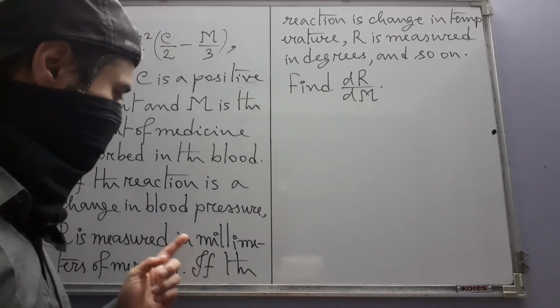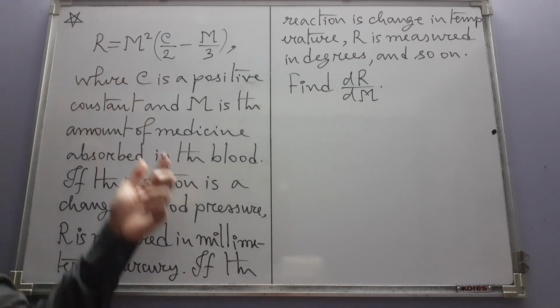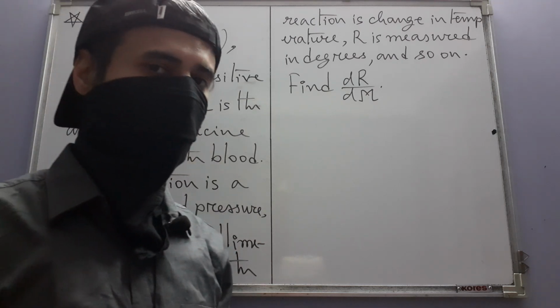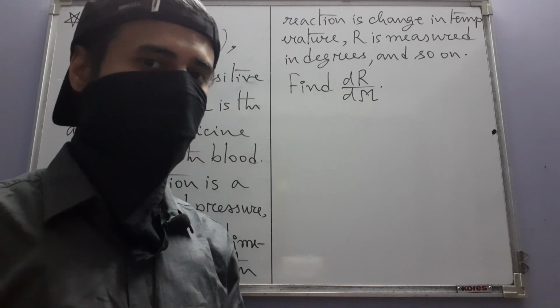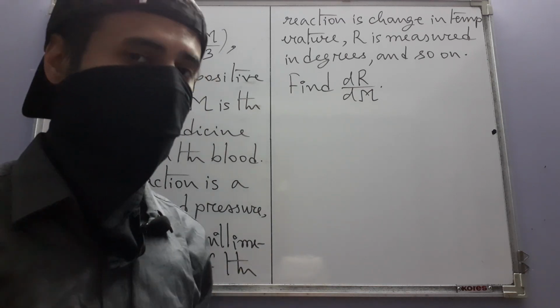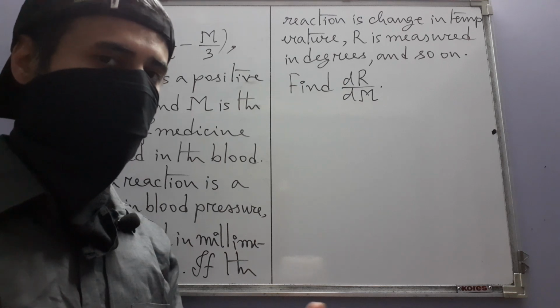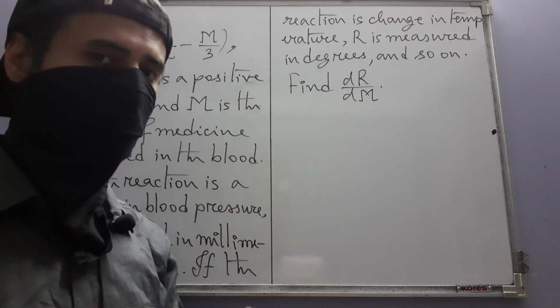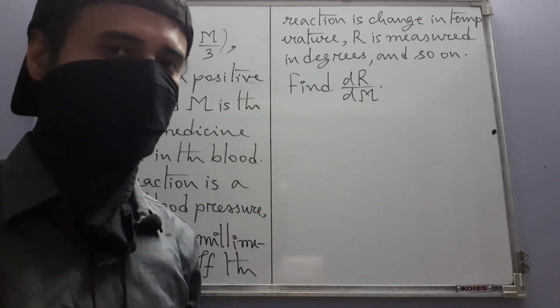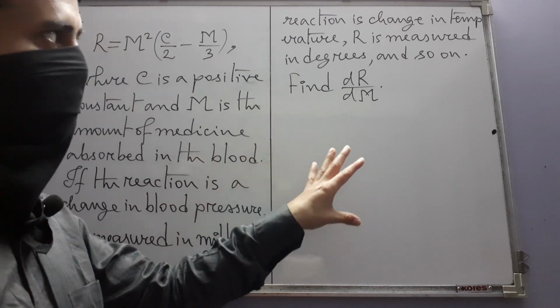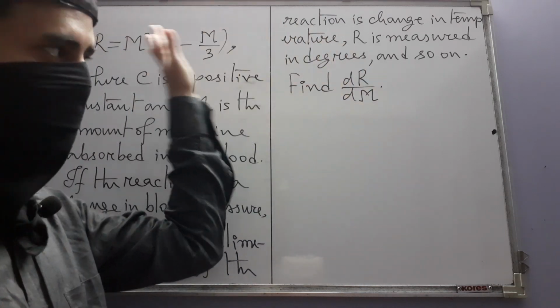Because otherwise, if this R goes beyond danger level, of course, that much amount cannot be given. But how will you know that? If you do not know this, you won't really know how much to give, how to create that drug. So to do that kind of thing, these things are necessary.